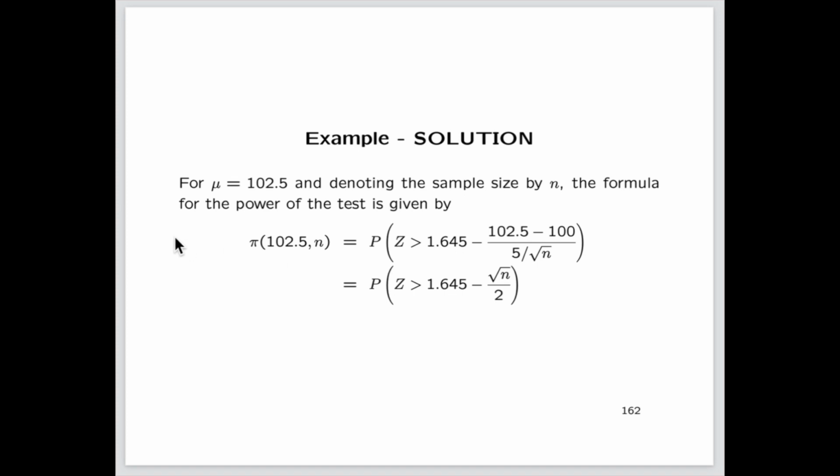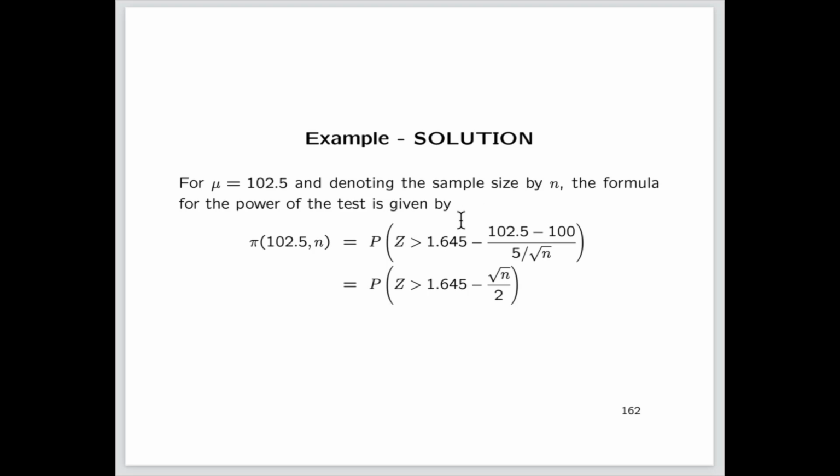All right, so if mu is equal to 102.5, and denoting the sample size by n, the formula for the power of the test is given by this expression here. The power for mu equal to 102.5, and for a given value of n, the sample size, is the probability that a standard normal random variable z is greater than this expression here.